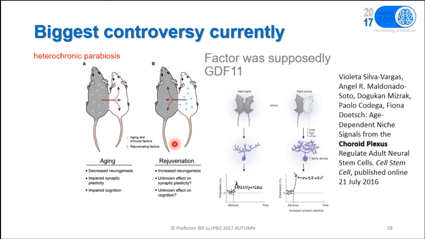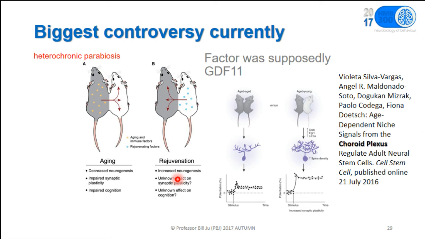If you allowed it to go the other way, and I won't get into all of the technical details, but if you were allowed it to go the other way and take the blood and the circulation to allow whatever factors were making this mouse young to go from the blood into the older animal, you would find that in the brain of the older animal now, it would look like it's rejuvenated. We would actually see an increase in neurogenesis. Remember I told you neurogenesis declines with age?